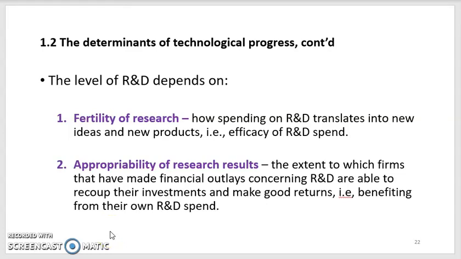The appropriability of research results is pretty straightforward. It suggests that if firms cannot appropriate the profit from the development of new products, they will not engage in research and development, and technological progress will be slow. So for this particular point, the nature of the research process itself is very important. What needs more explanation is the fertility of research.